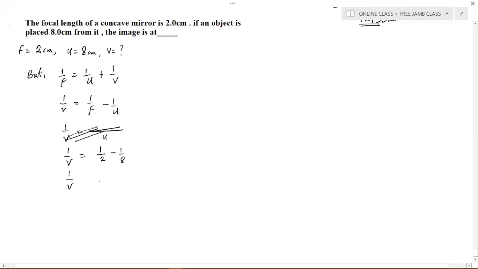That is 4 minus 1 over 8, so 1 over V equals 3 over 8. V equals 8 over 3 centimeters, which is 2.67 centimeters.